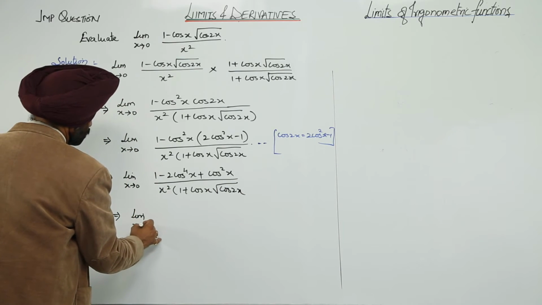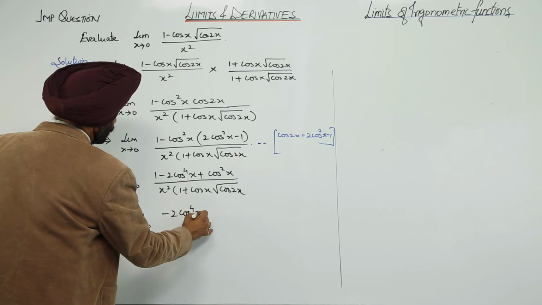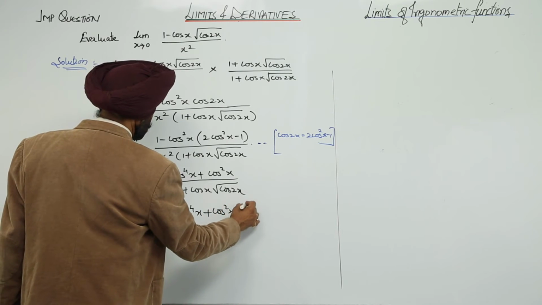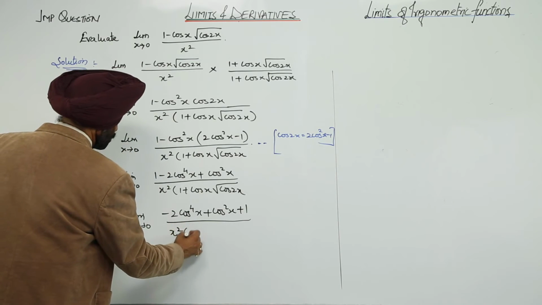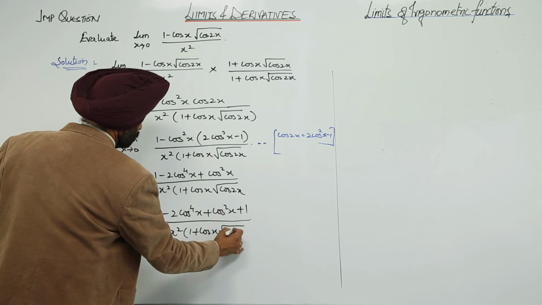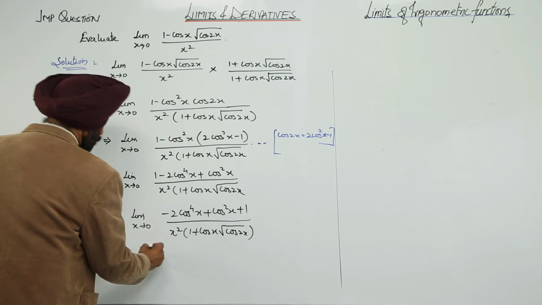Limit x approaches to 0, negative of 2, because this is having the highest power, plus cos square x plus 1 upon x square 1 plus cos x square root of cos 2x. Okay.